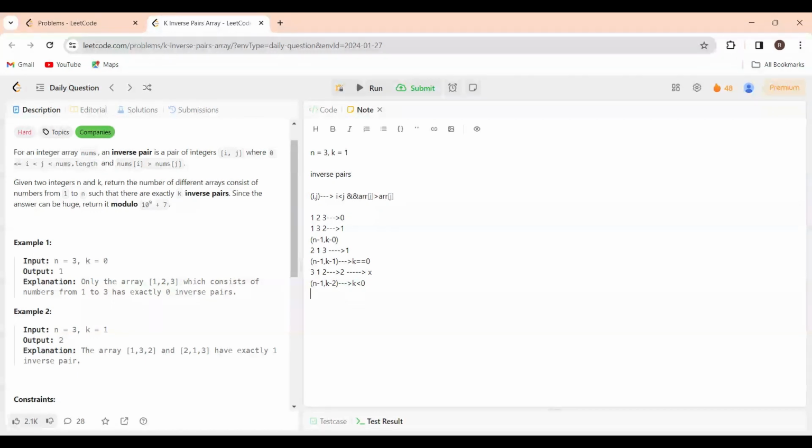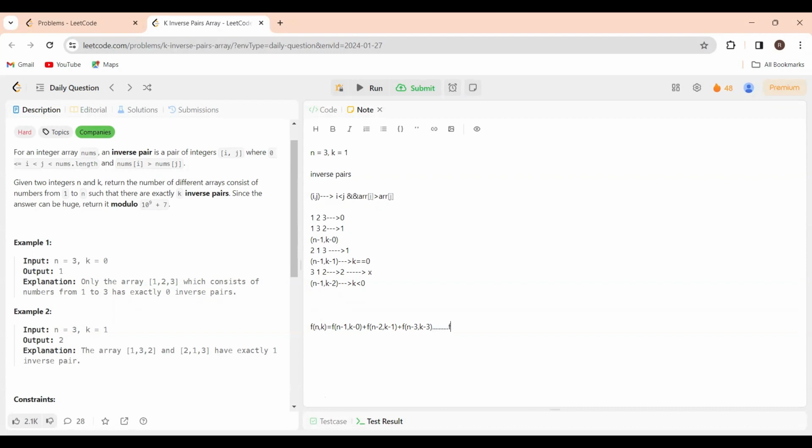So what will be our function here? f of n comma k will be equal to f of n minus 1 comma k minus 0, plus f of n minus 1 comma k minus 1, and then f of n minus 2 comma k minus 2, f of n minus 3 comma k minus 3, and so on, right?